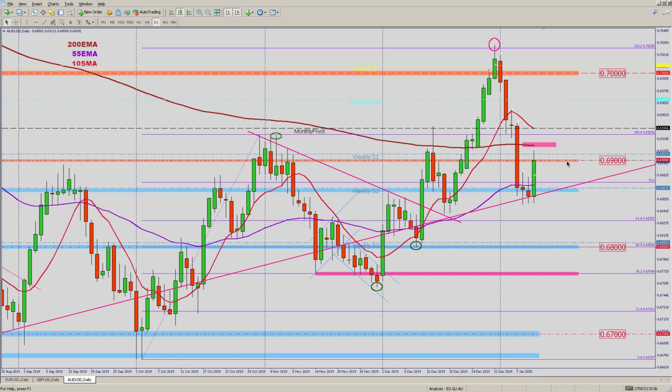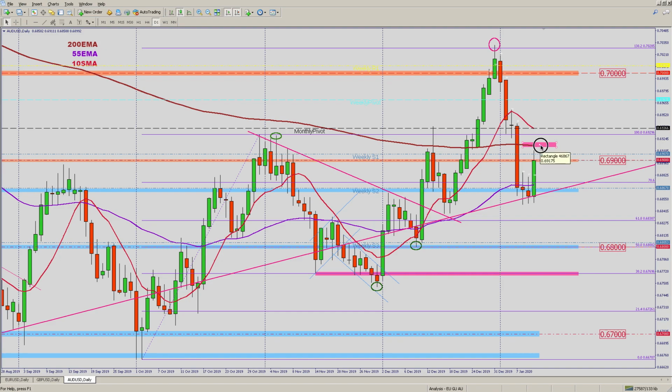It's hitting up against the resistance at the 0.6900 level, and above that there's the daily 200 EMA as the intermediate resistance.